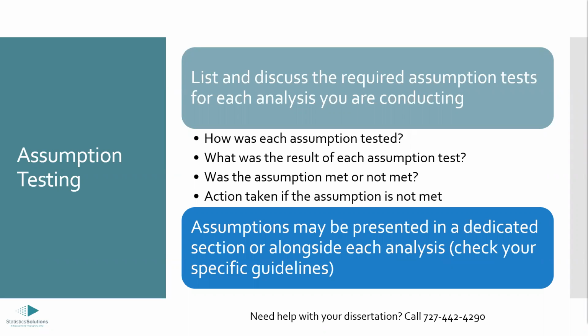Or are you going to do an alternative test, like a non-parametric test, which doesn't require the normality assumption? So you want to make sure that you describe how you addressed any assumptions that were not met as a result of your assumptions testing. And again, this needs to be done for each analysis that you conduct in your study.